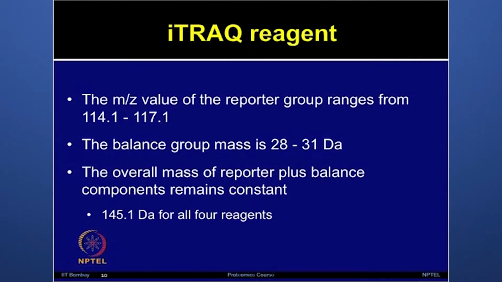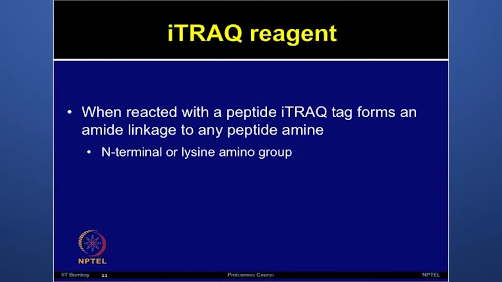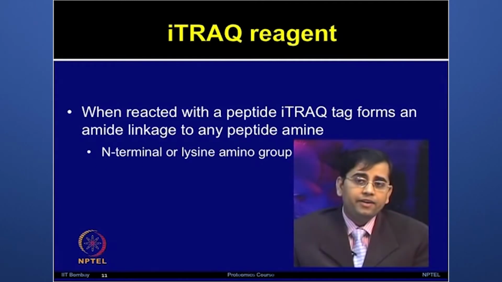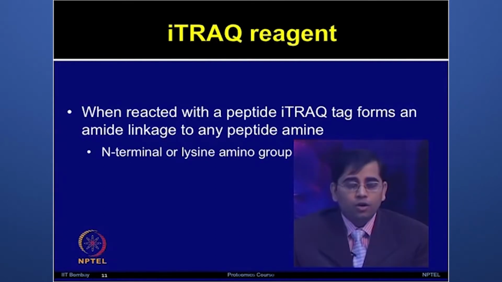The balance group mass is 28 to 31 Dalton. The overall mass of reporter plus balance components remains constant. So, 145.1 Dalton will remain for all the 4 reagents.